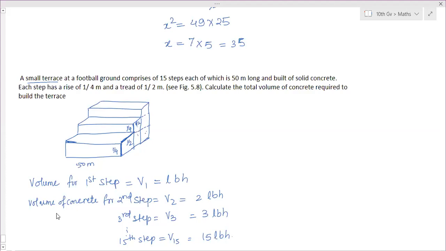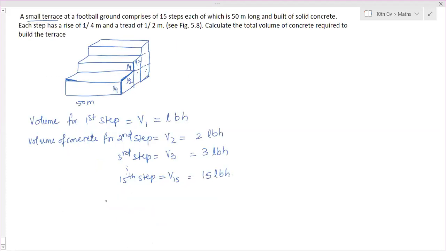Now what is the value of LBH? We have to add everything to get the total volume of concrete needed. Total volume of concrete required is equal to the sum of everything, V1 plus V2 plus V3 and so on till the 15th step, V15.